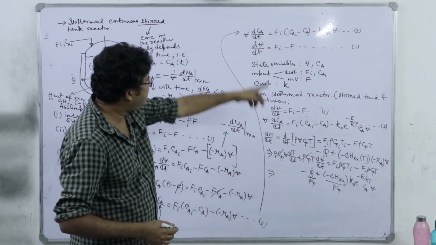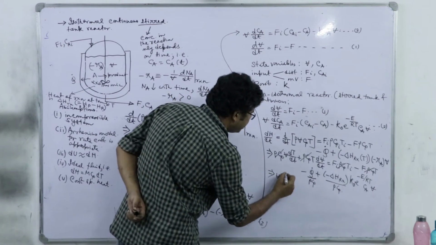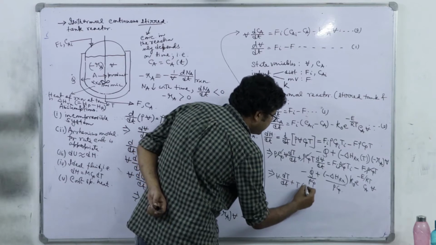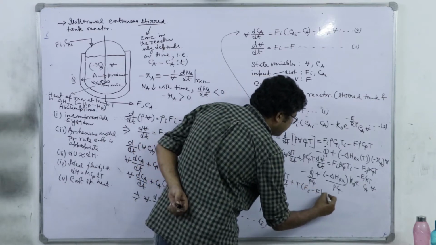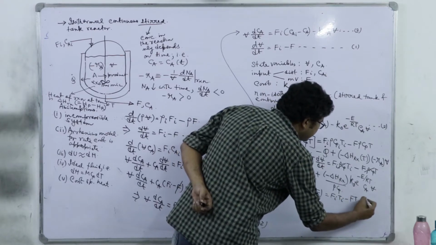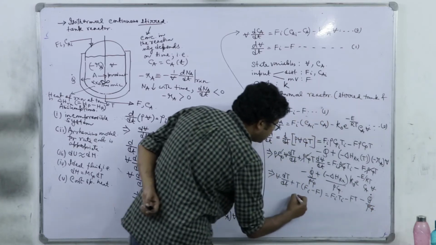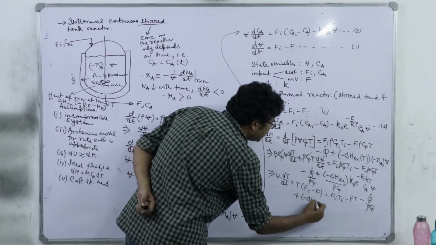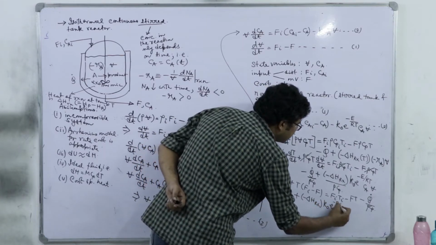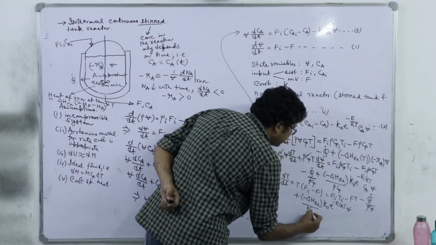And dV dt, you see it is Fi minus F. So, it is V into dT dt plus T into Fi minus F, and on this side Fi Ti minus F T minus q dot divided by rho Cp plus minus of delta H Rx into K naught into e to the power minus E by RT into V divided by rho Cp.